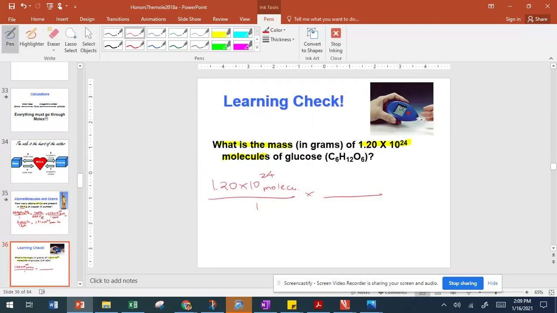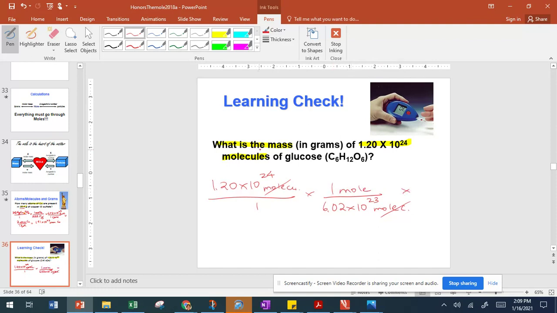So again, we want to get rid of molecules, so we have to put molecules on the bottom to do that. That cancels out. We have 1 mole on the top.